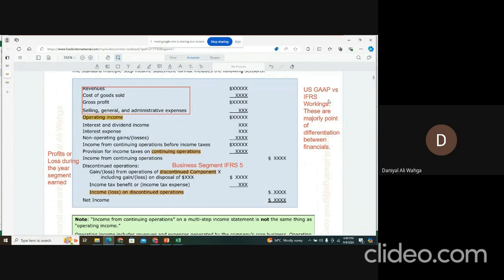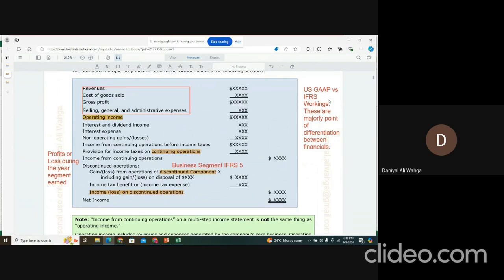It says my income from continuing operation includes the following things. It includes my revenue as well as my expenses. It further includes my interest income. It further includes my dividend income. It further includes my interest expense or financial expense. Then it looks towards some gains and losses. Those gains and losses are non-operating gains and losses.